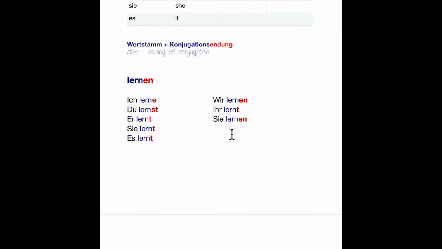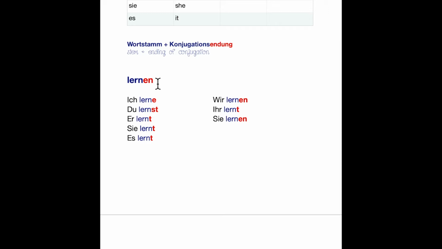Now we can move on a little bit to talk more about how you start conjugating. You have your verb. In this case, I have an example, lernen, which means learning. Now, we take the word stem and we just change the ending of it. That is basically the conjugation. That's what you do.